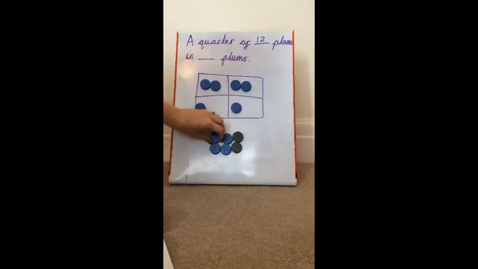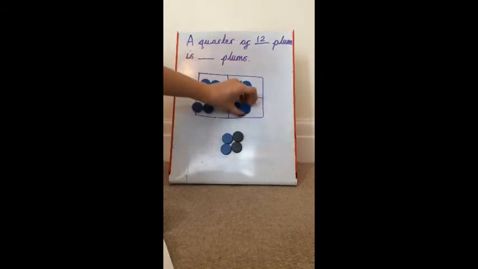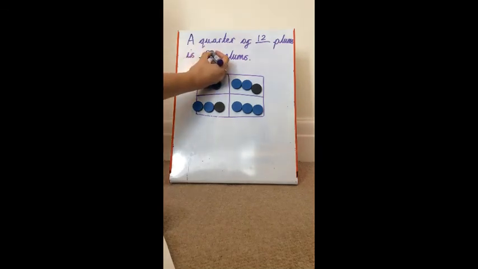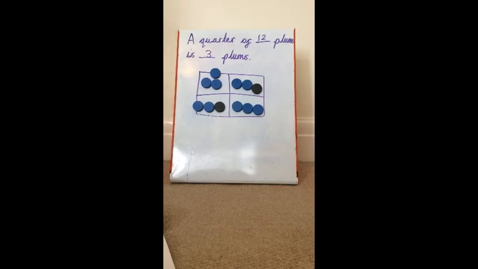Let's keep sharing them out to make sure each box has the same amount. How many is in each box? 3. Well done. So a quarter of 12 plums is 3 plums. Well done if you got that at home.